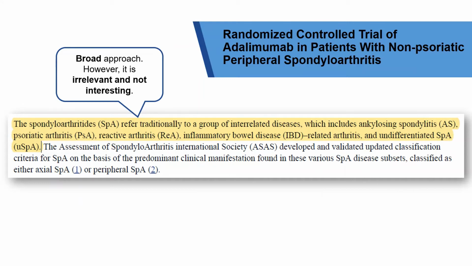However, it's irrelevant and it's not interesting because they are stating all the diseases under SPA, and that's irrelevant because we already mentioned the type of patient we are going to talk about. So it should just be general about that specific type rather than stating all other types.